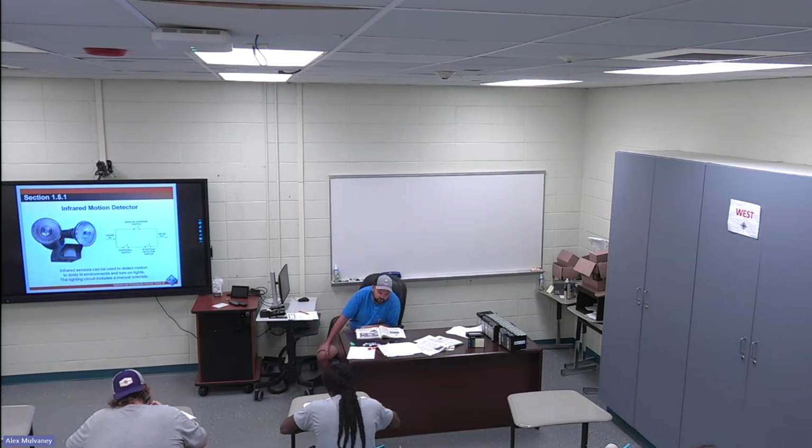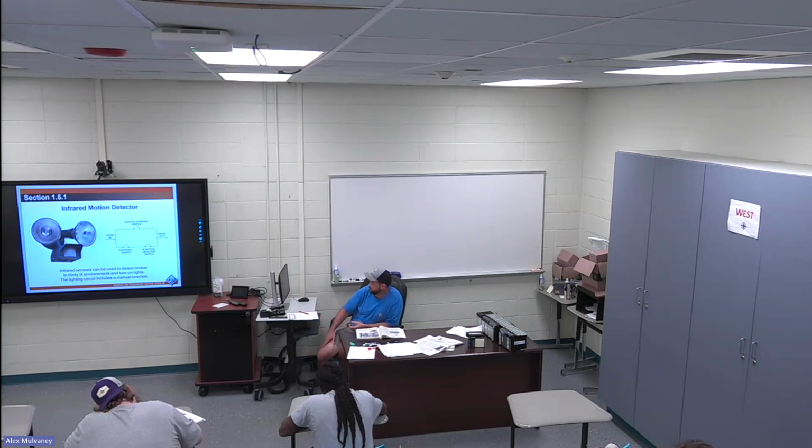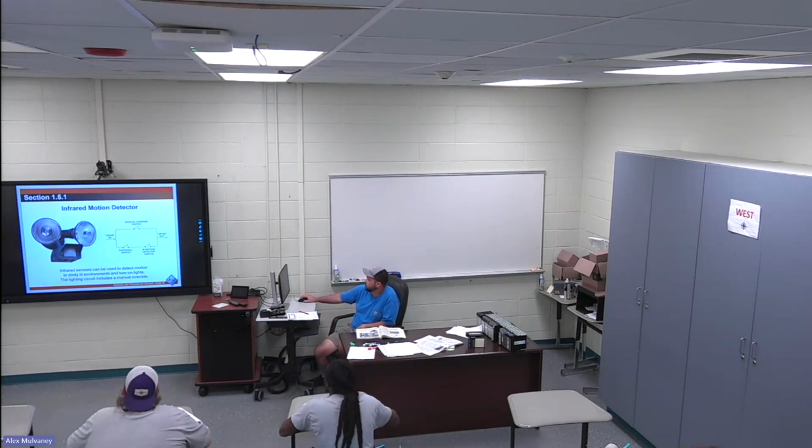Motion detectors, 151, second paragraph, first sentence. Figure 25 shows a set of floodlights controlled by an IR motion detector switch. If you look up here on the board, this has two different types of switches in it, right? Like we talked about before, it's got the photocell switch. Photocell switch makes it to where this won't do what? Turn on during the day, right?